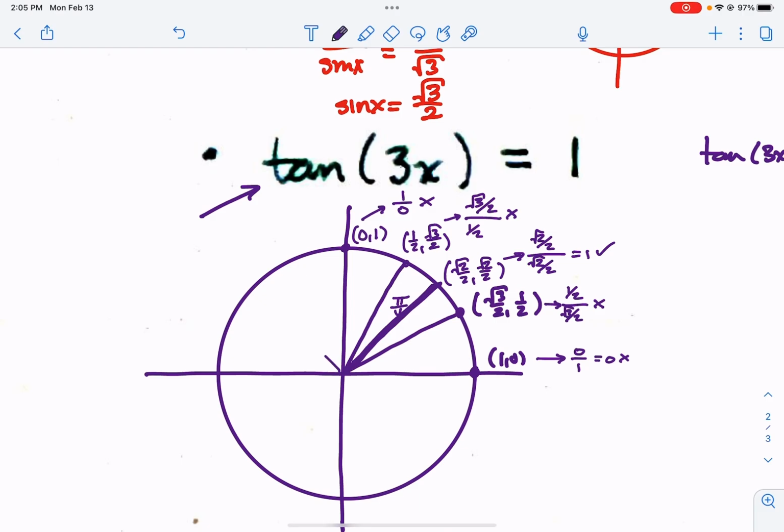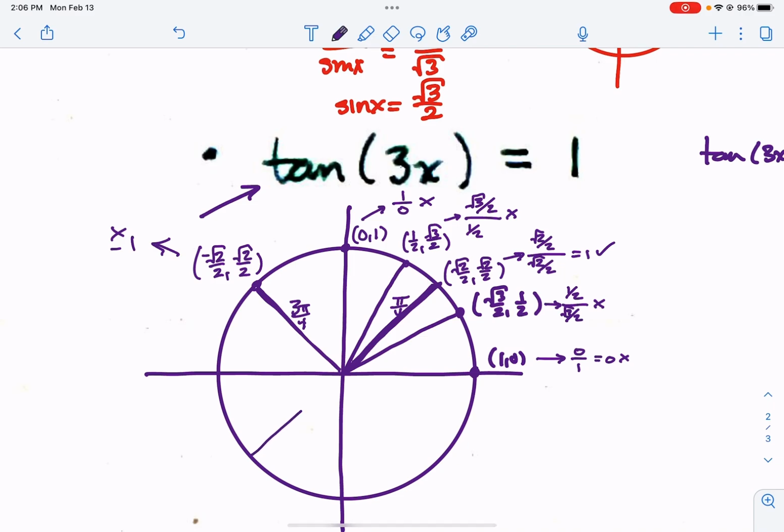Well, if we look over here, this is 3 pi over 4. Does that give you a tangent of 1? Well, the coordinates here are negative root 2 over 2, comma, root 2 over 2. That's going to give you a tangent of negative 1, right? So that doesn't work.